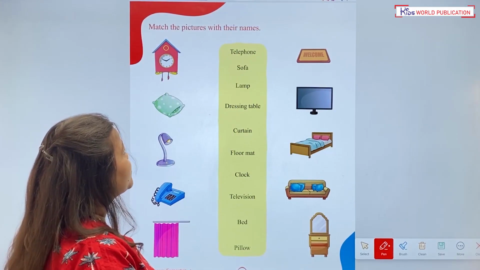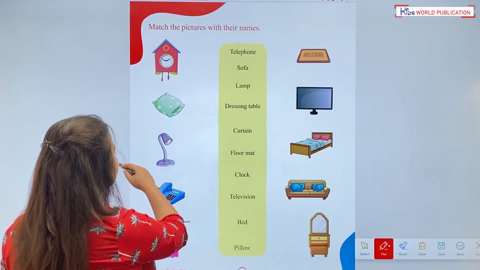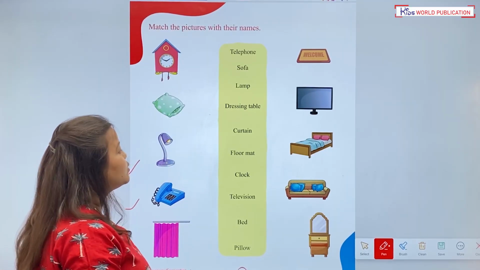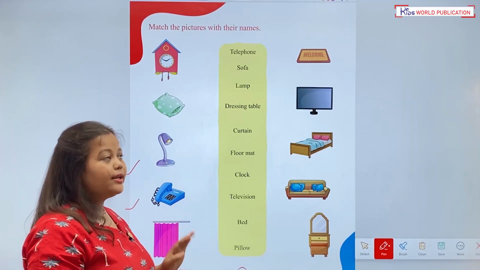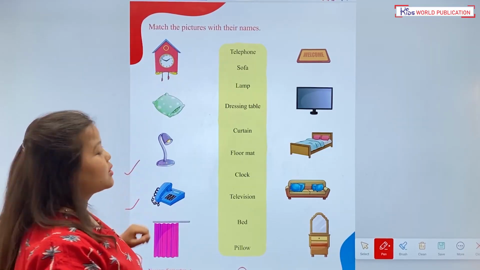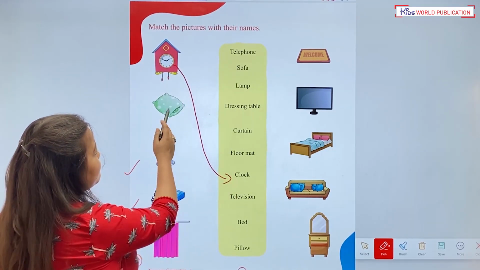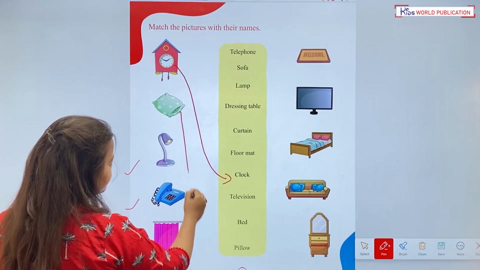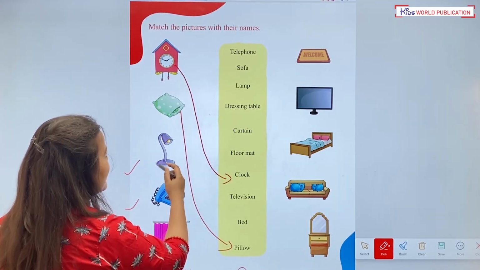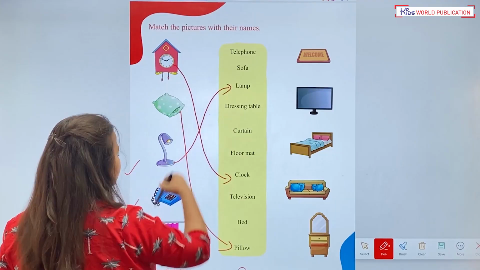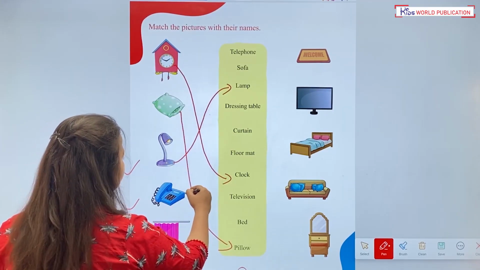Match the pictures with their names. So kids, here you can see some pictures are given. So we will match the pictures to their names. Clock. Pillow. Lamp. Telephone.